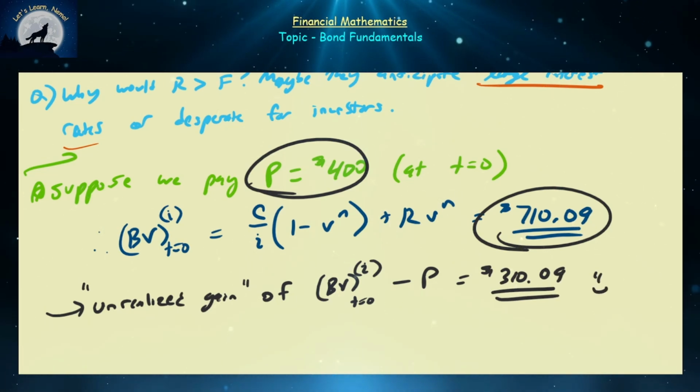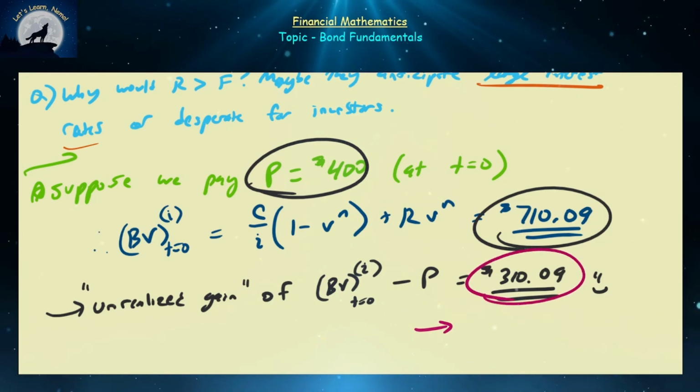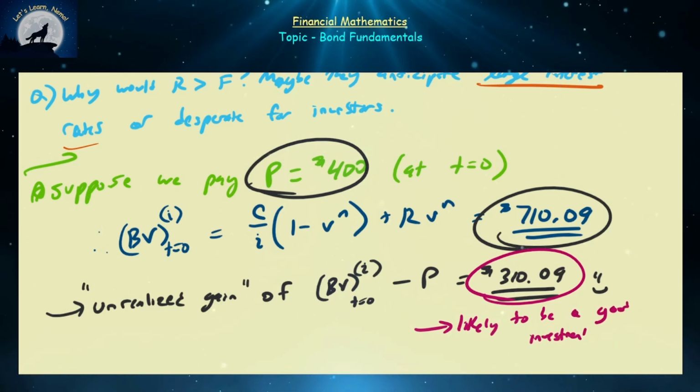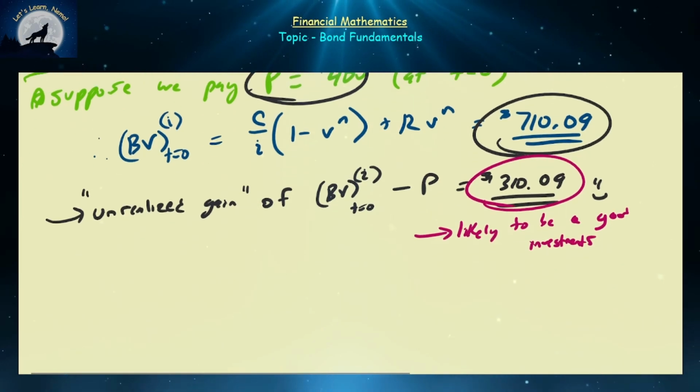So how can we interpret this number? Obviously the higher that number is, the better off it looks to us. So this is likely to be a good investment, assuming that interest rates do not go crazy by the time we get our redemption value, right?